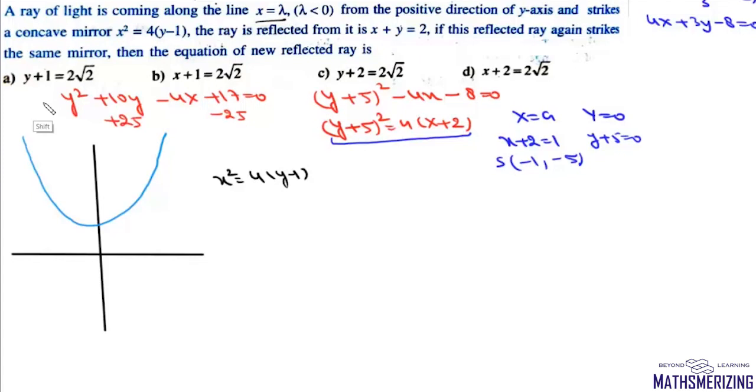So we have this ray of light which is parallel to axis of this parabola. It will pass through its focus and it says the ray reflected from it is x plus y equals 2. So equation of this line is x plus y equals 2. So what we'll do is, first we'll write focus of this parabola.